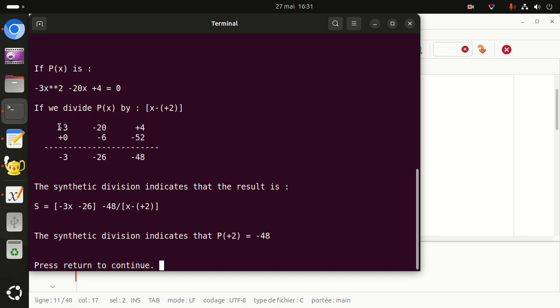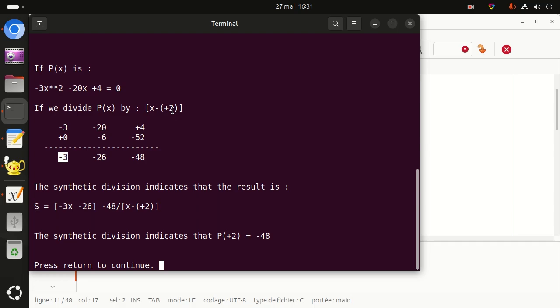I copy in the first line the coefficients of the polynomial: minus 3, minus 20, and plus 4. I leave the second line empty. I copy in the third line the first coefficient of the polynomial, minus 3.